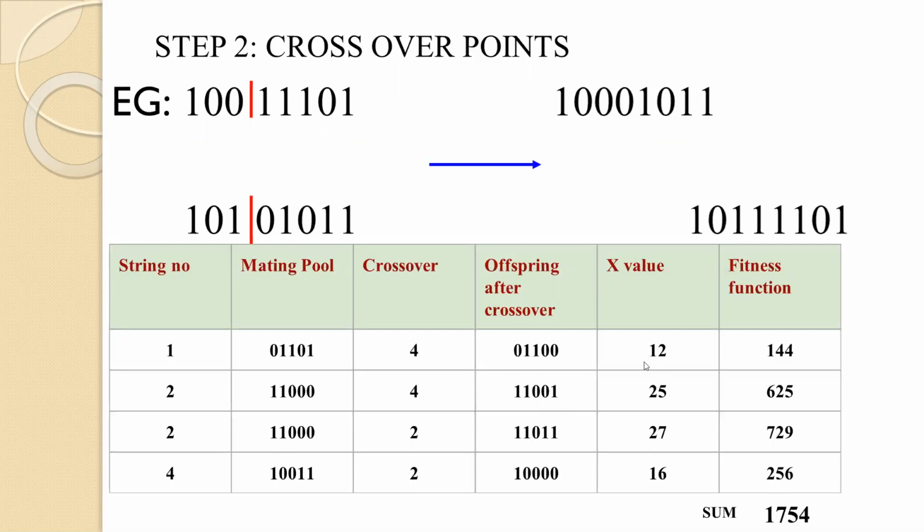Evaluate the fitness function: for 12 it is 144, for 25 625, for 27 729, for 16 256. Their sum is equal to 1754.